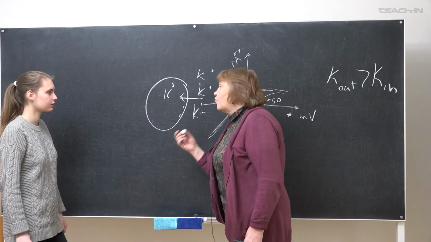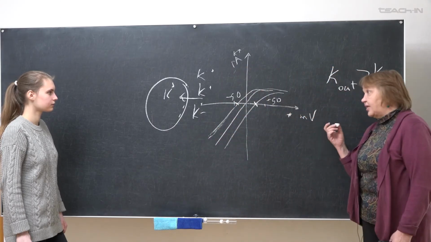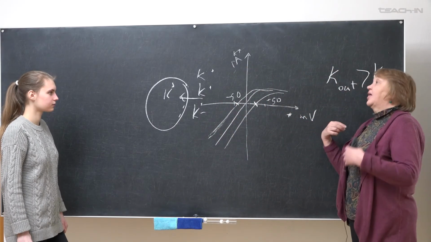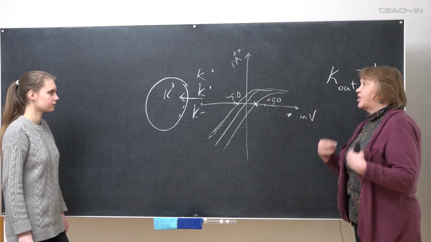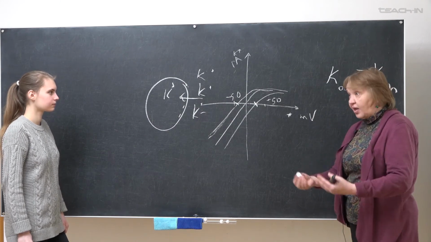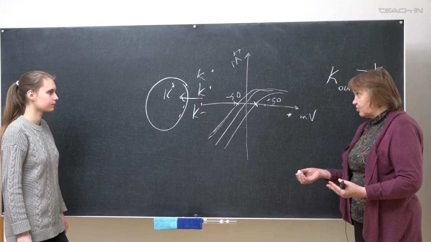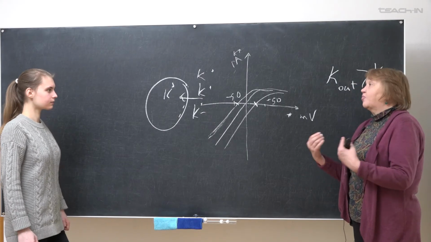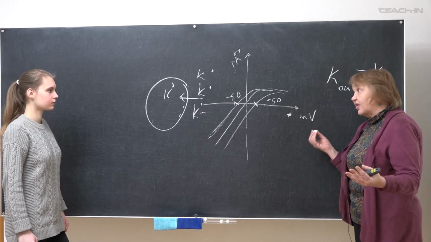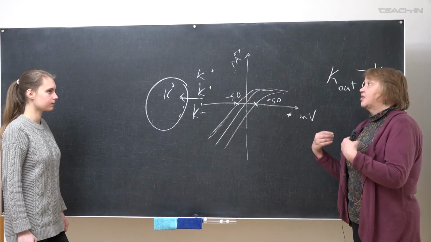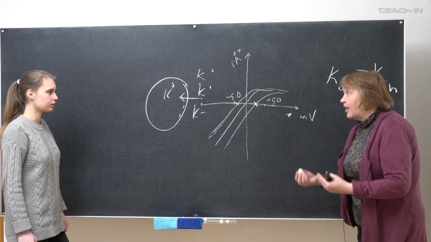So usually, in the cell, we always have more potassium inside because it's important for the cell to have more potassium in its cytoplasm, correct? And we have what voltage? Minus, yes.